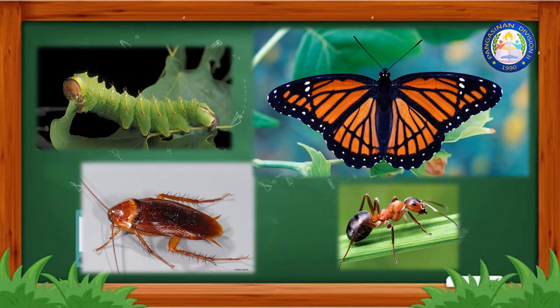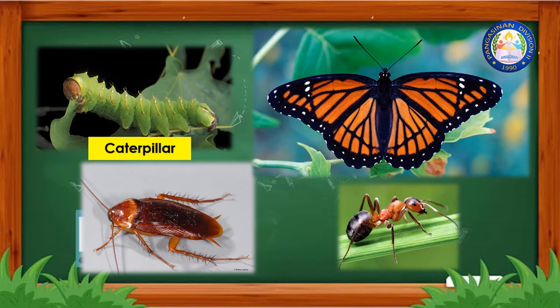Let's proceed to the next. Look into this set of pictures. What do you see? Do you see them around you? Okay, let's try to name each of them. Anyone from the class? What is the name of the first picture? Very good. That is caterpillar. Next.